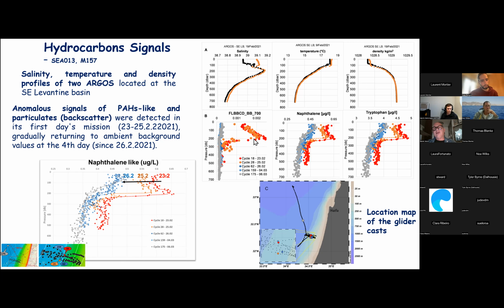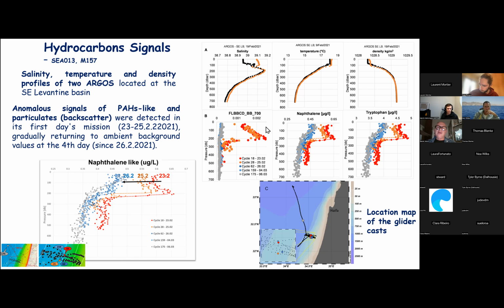The same we got with regard to the backscatter, which may represent some organic particulates. We see an anomaly in the upper 200 meters, and then a little bit below that, and a sharp return to background values. While I'm not showing it, there was no such signal in the CDOM.